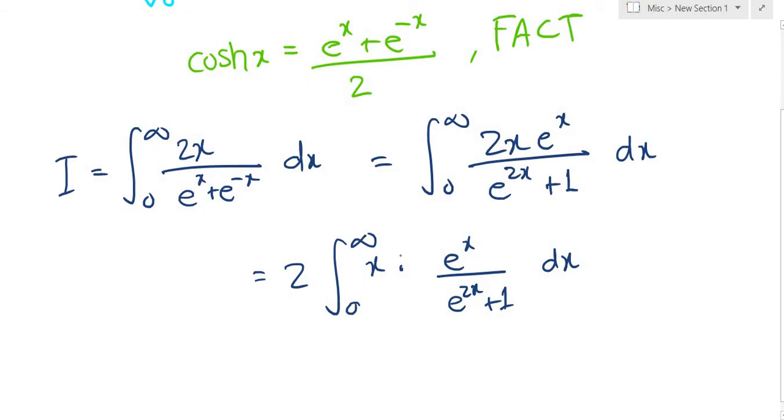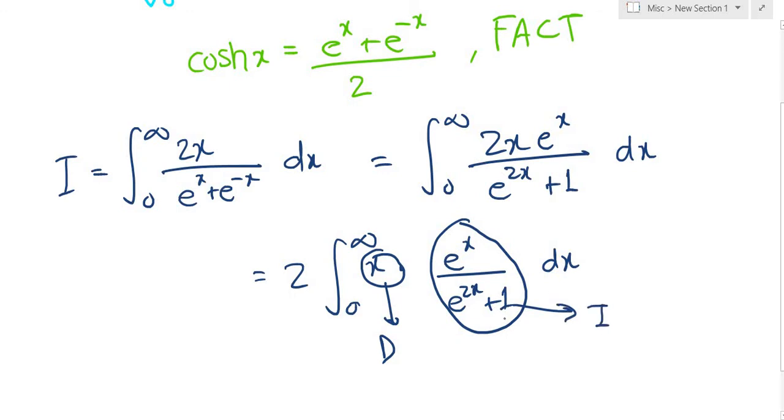So now looking at the form of this thing, we have an x that's not an exponential term, and we have this exponential fraction over here. So why don't we use integration by parts? Because if we differentiate this, for example, and integrate this, for example, it's pretty easy to integrate.